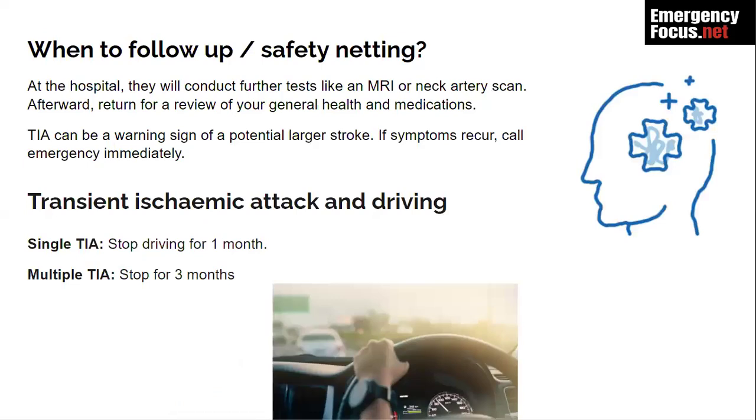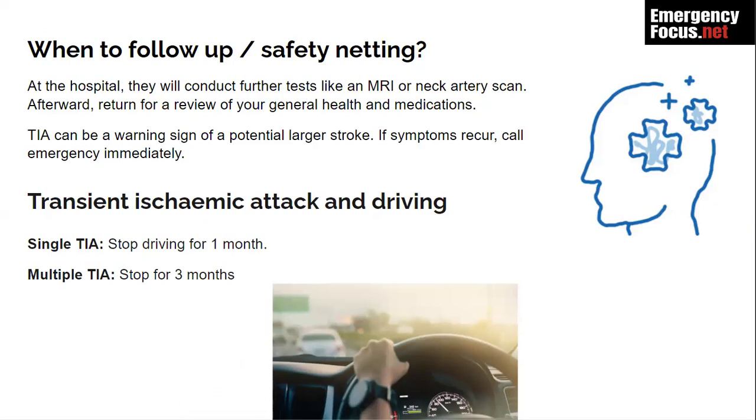So how would you follow up or safety net your patient? You would say that at the hospital they would conduct further tests on your brain, could be MRI, could be CT. That's not your domain to decide, but you would tell your patient that they would do a scan of your head and a Doppler scan of your neck vessels.